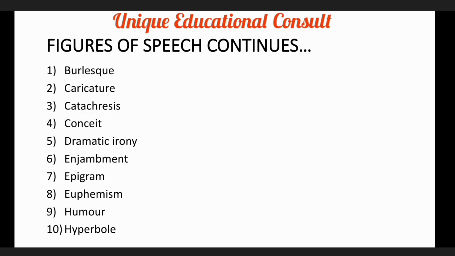The next on the list is catachresis. This device is used when a literary writer tries to describe a character who loves showing off, like a very important person in a literary work or text.